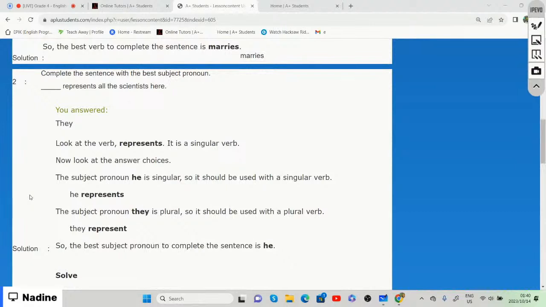We also say that a subject pronoun, like he, is singular and they is plural, and so it should be used with a singular verb. And remember, a plural subject should be used with a plural verb. So what represents all the scientists here?